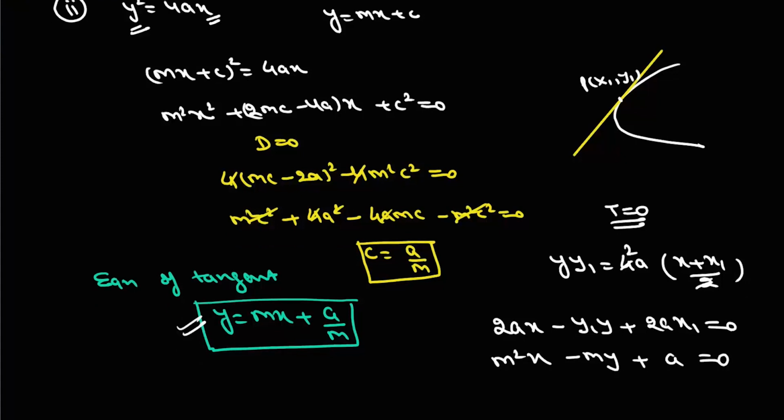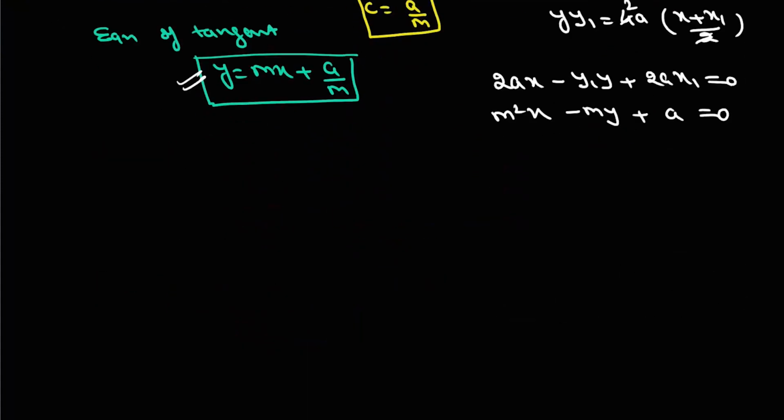Now both the lines represent the same tangent. So from here we can write 2a upon m square is equal to minus y1 upon minus m, and it will be equal to 2ax1 upon a. This a and a will cancel, minus and minus will cancel.